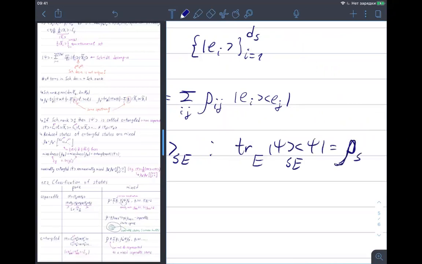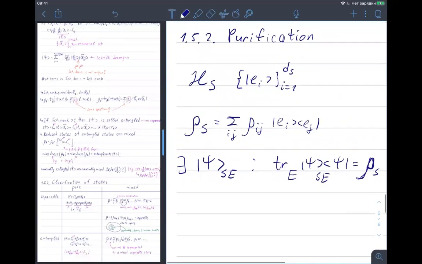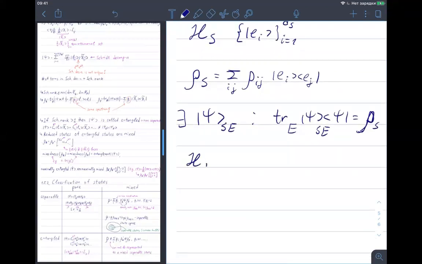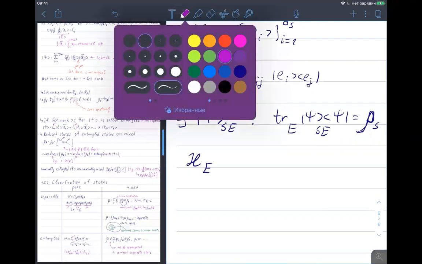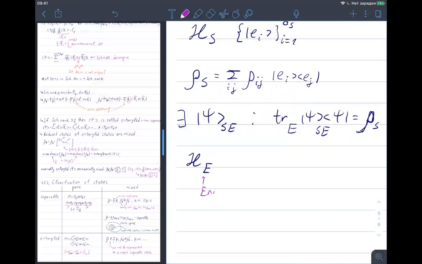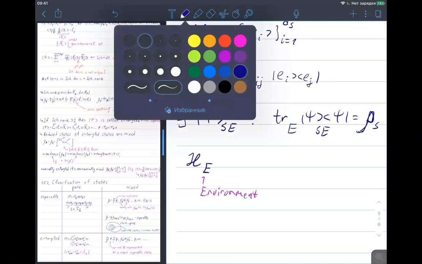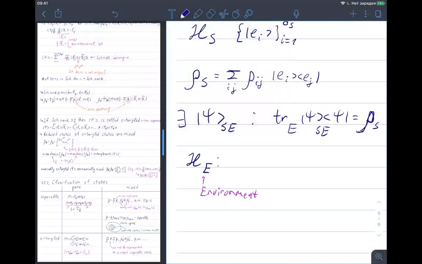What is E? I introduce some H_E, where E stands for, let's say, environment. I take some orthonormal basis, and the dimension of this space should be at least the rank of my rho_S.